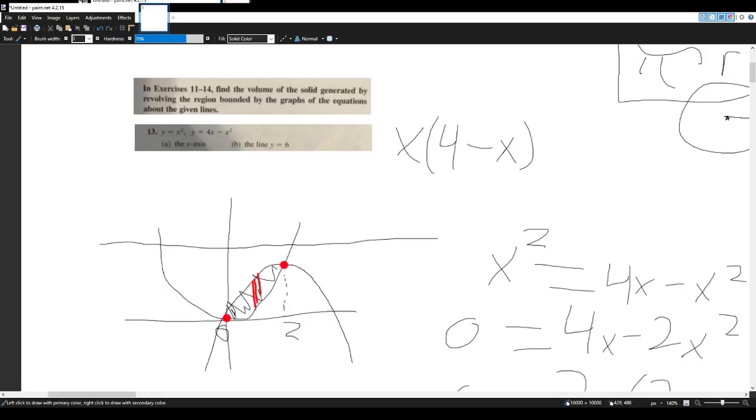Because we would want that distance, that distance, that distance, this whole thing, because that's kind of how integrals work. Instead of that, well, we do still want this.